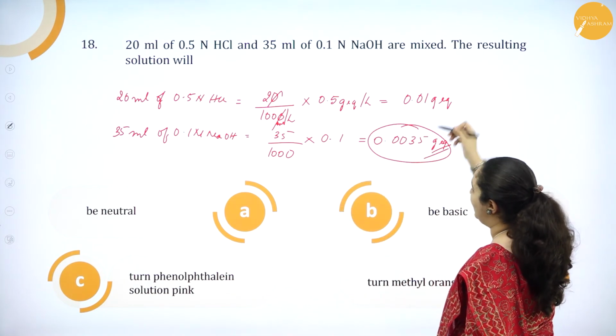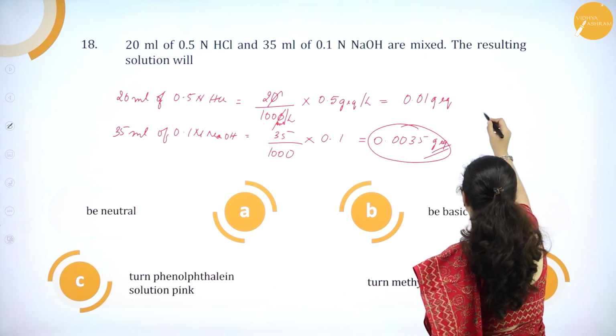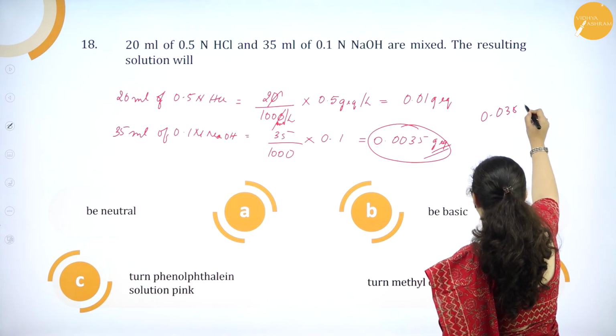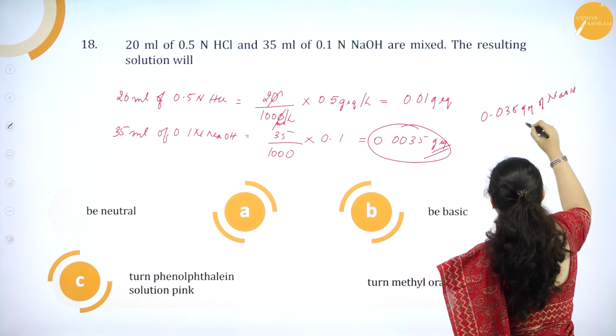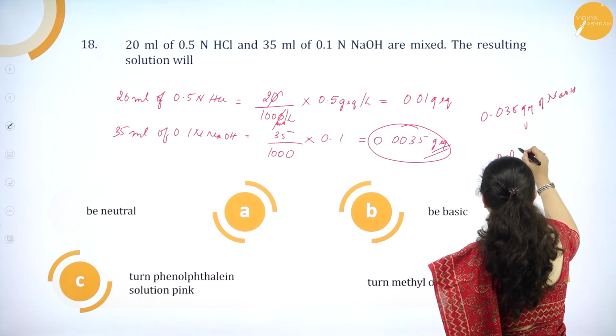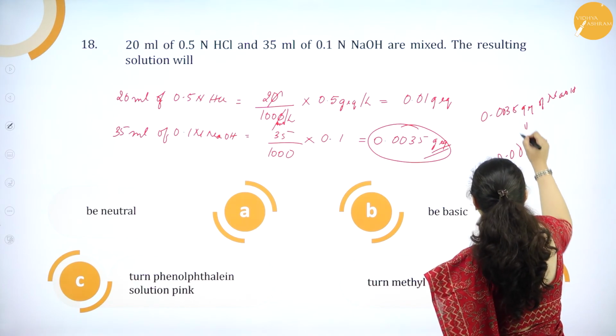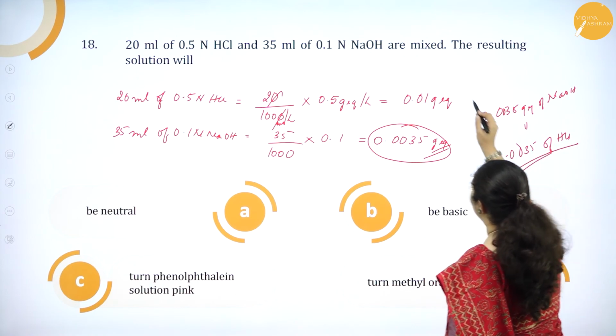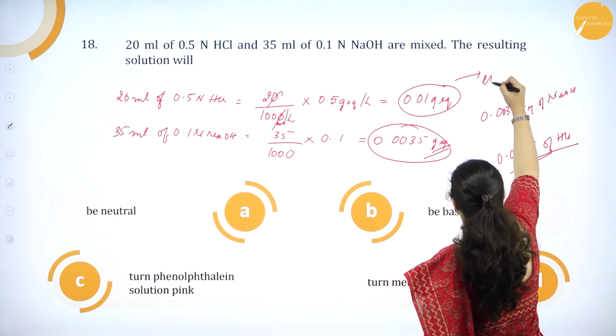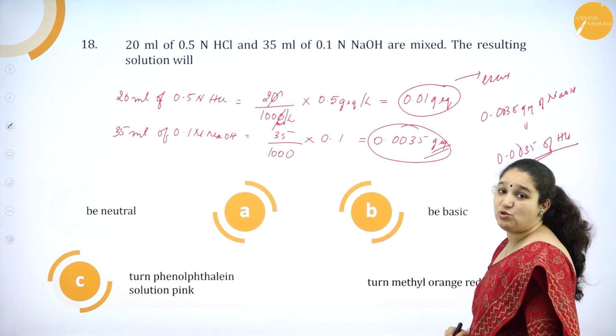So these two will get equalized, that is 0.0035 gram equivalents of NaOH will neutralize 0.0035 of HCl. That means HCl is in excess. That means the solution should be acidic.